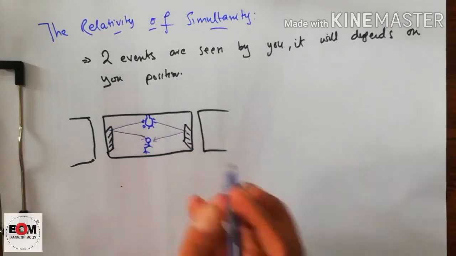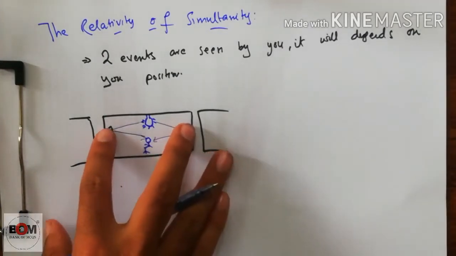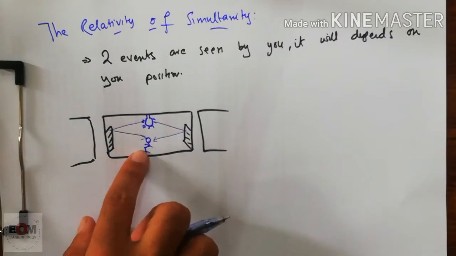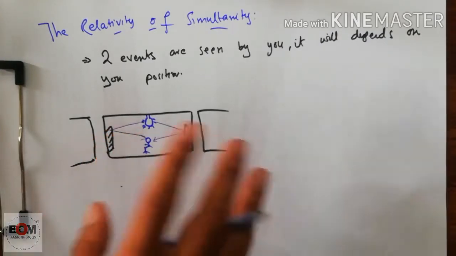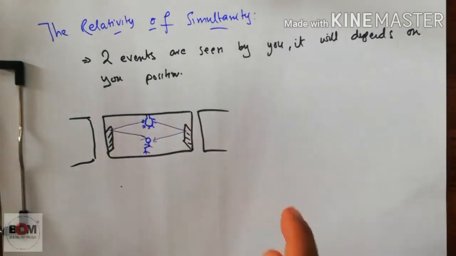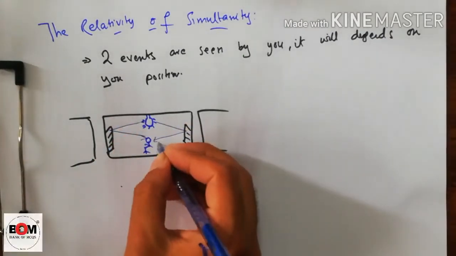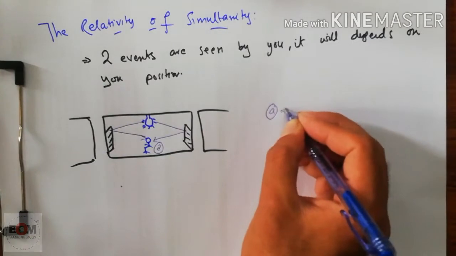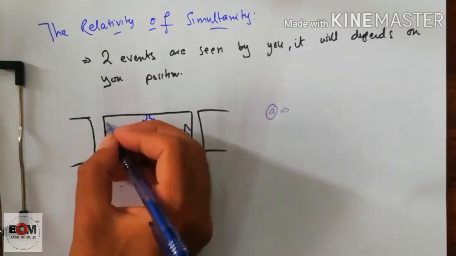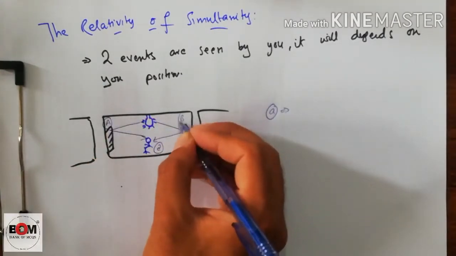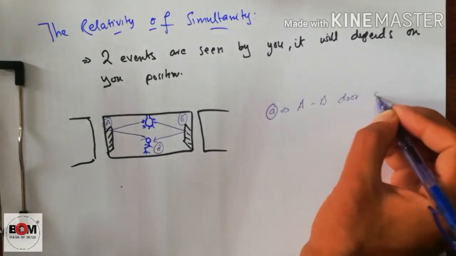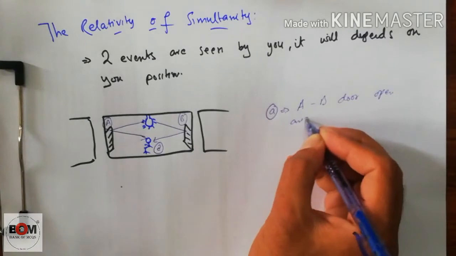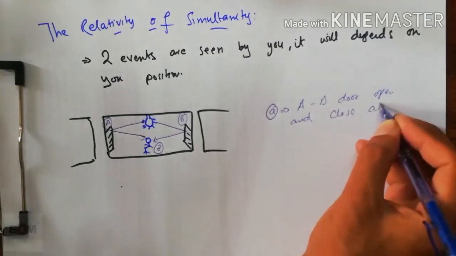As both doors are at the same distance and both open and close at the same time, this body, observer A, will see that both doors close and open at one time, as both are automatic. Observer A will say that doors A and B open and close at the same time.